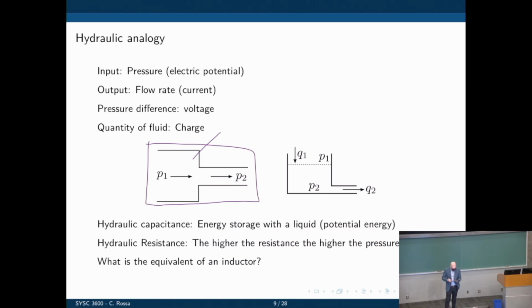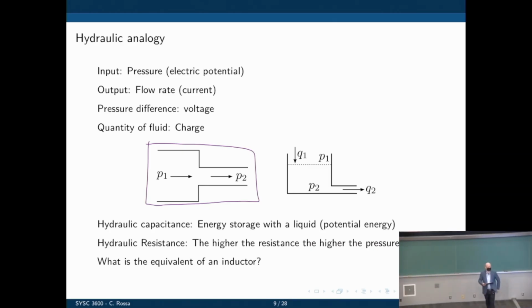What else? What other type of analogy could we do? Well, we can look at the capacitance. What would be the capacitance analogous in a hydraulic circuit? Well, the capacitance is there sometimes to store energy. So what can store energy here? Some sort of tank that stores water in the form of potential energy. We are storing some energy that can be delivered to the system later.